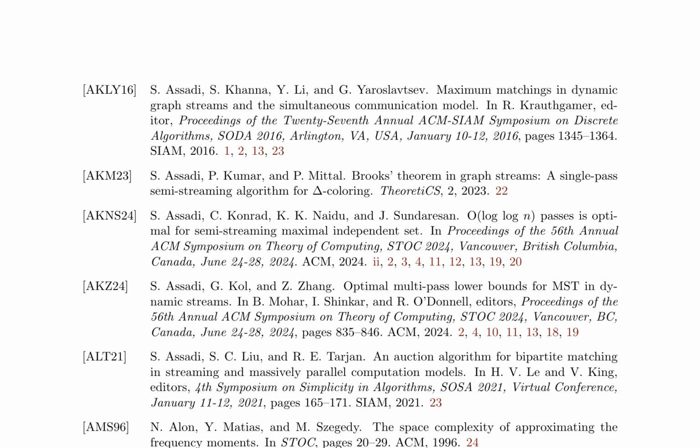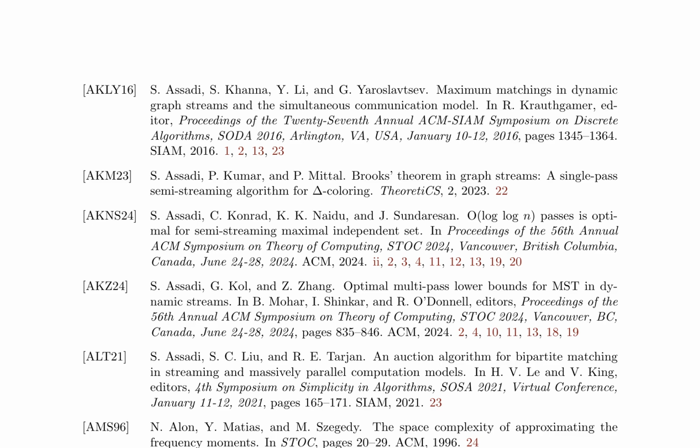The paper delves into algorithms and techniques for solving graph problems in dynamic streams and the simultaneous communication model. It references previous work on maximum matchings in dynamic graph streams, AKLY16, and Brooks's theorem in graph streams, AKM23.